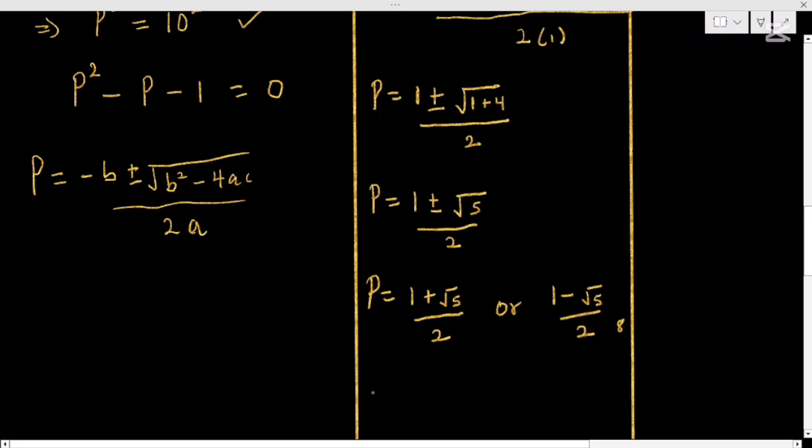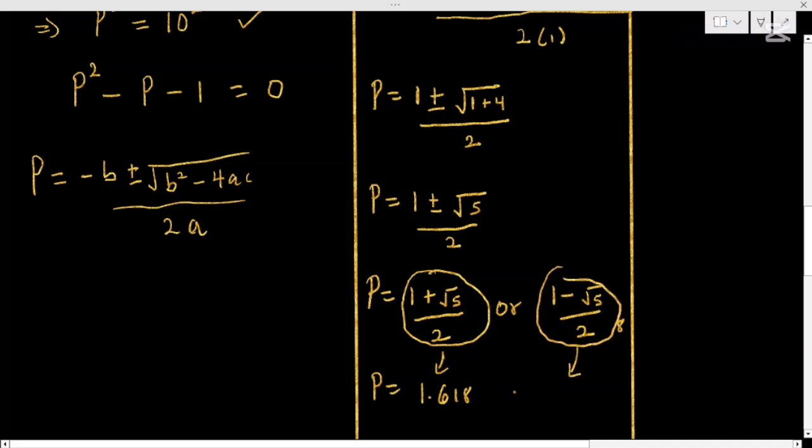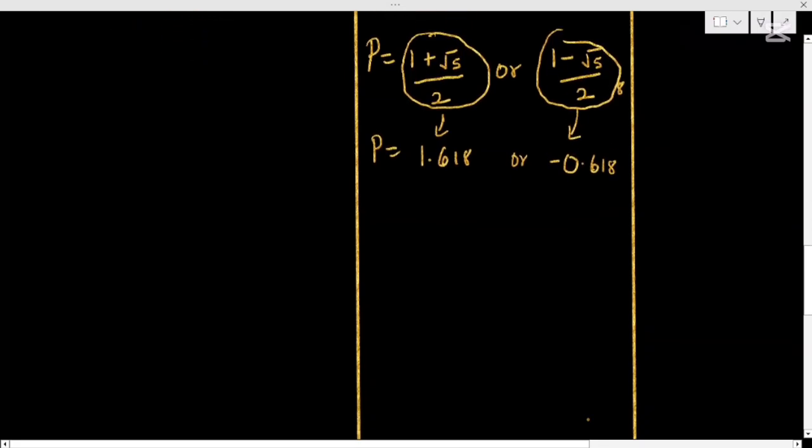And when we simplify each of them, we have this one to be 1.618, or we have it to be minus 0.618. Please, you can confirm that.